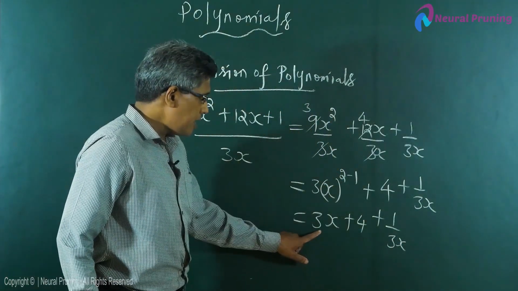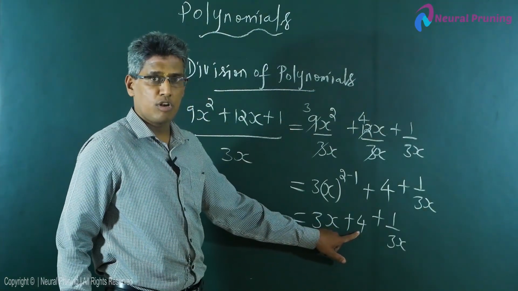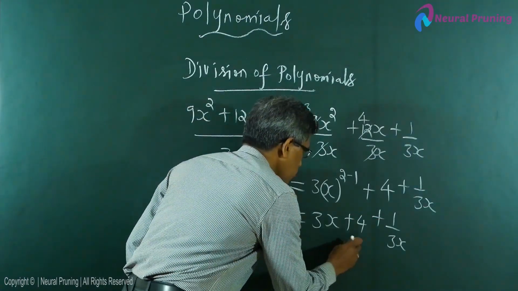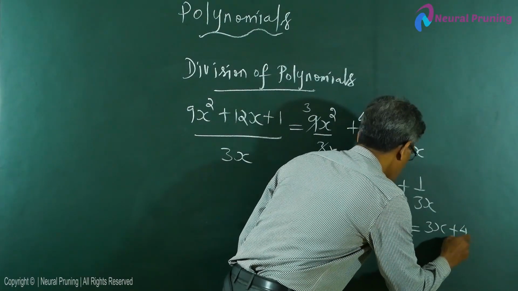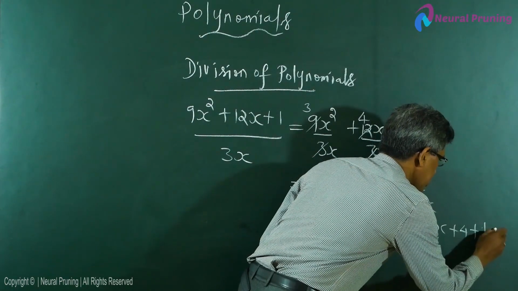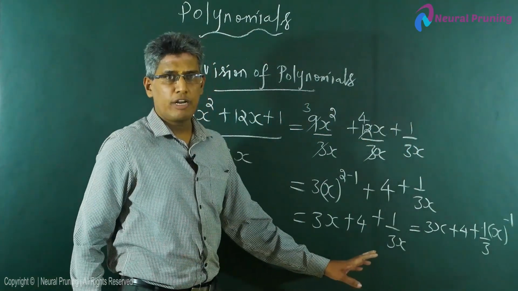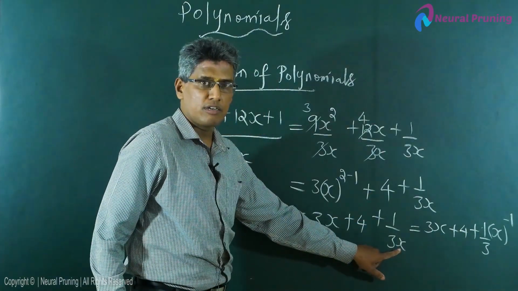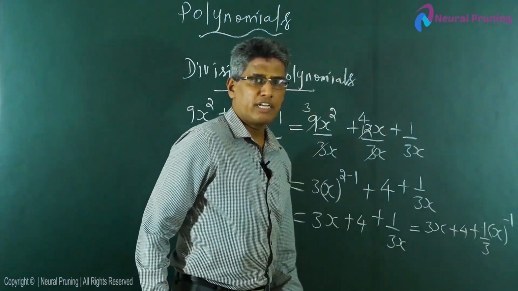Now 3x is a polynomial, 4 also could be regarded as a polynomial, but 1 by 3x, you will have to represent as 3x plus 4 plus 1 by 3 multiplied with x raised to the power minus 1, because x in the denominator, when it is shifted to the numerator, you get a negative exponent.